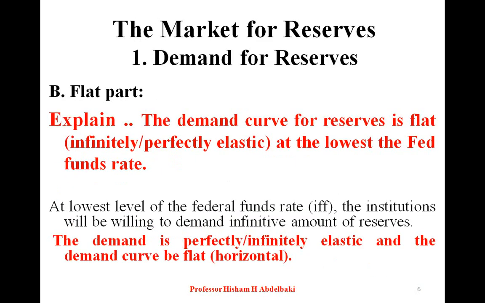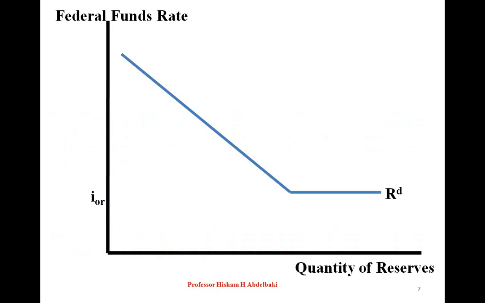The other part is the flat part. I show you the shape of the demand for reserves. This is demand for reserves. On the vertical axis we have FF. On the horizontal axis we have the quantity or amount of reserves demanded and supplied. So this part was downward because there is a negative relationship between FF and demand for reserves. Flat part means perfectly elastic.